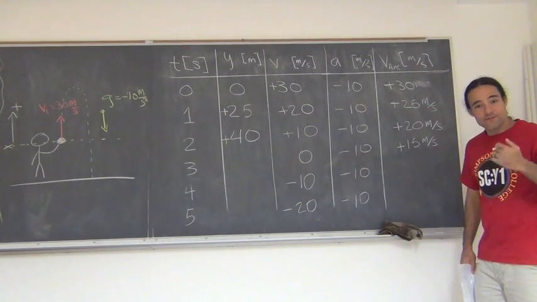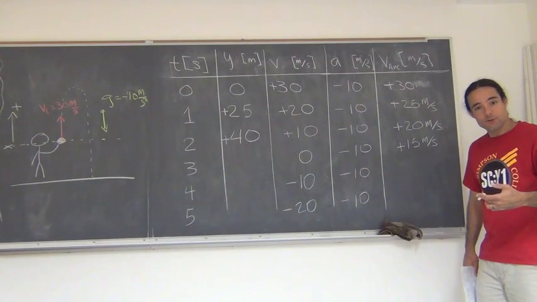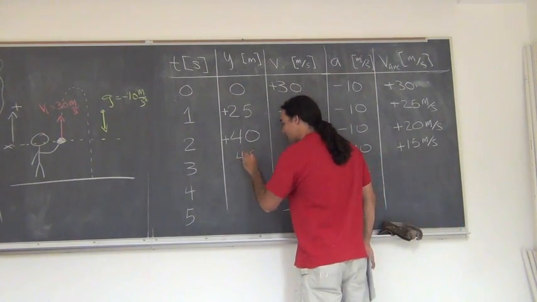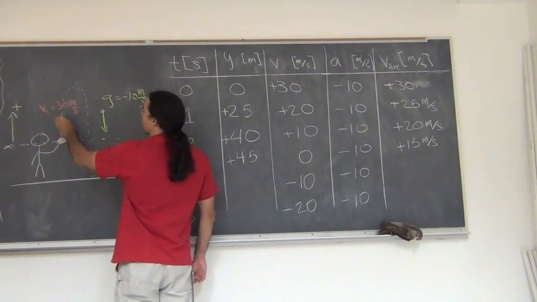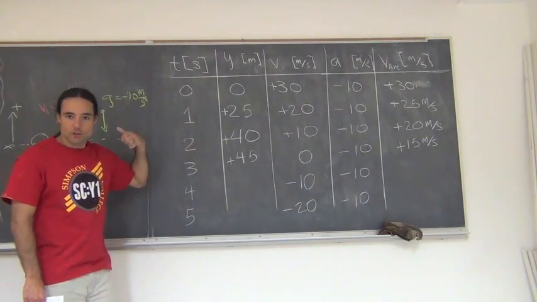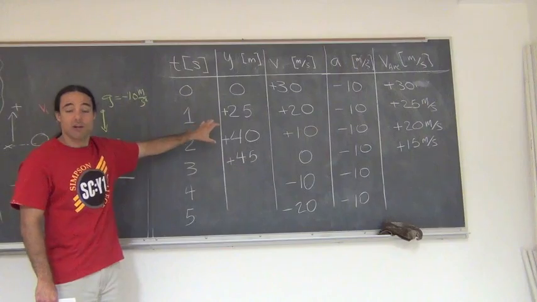If I've gone an average of 15 meters per second for 3 seconds, 15 meters per second times 3 seconds gives me 45 meters. So I'm now at a height of 45 meters. So our ball is going up and up and up, but it's going up by a shorter distance each interval. So here it went up by 25, then it went up by 15, then it went up by 5.